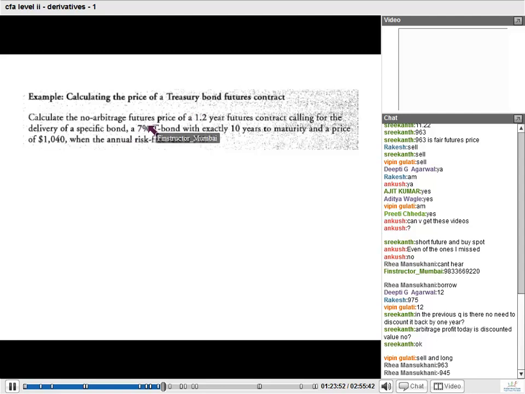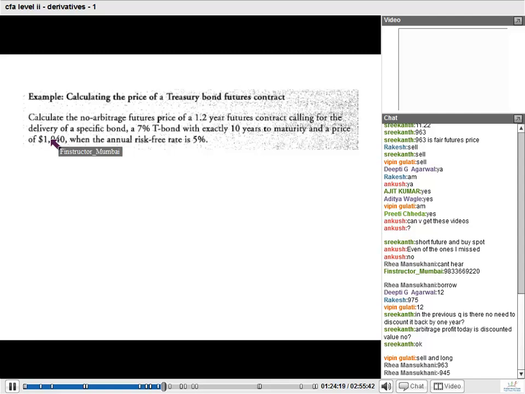Calculate the no arbitrage futures price for a 1.2 year futures contract calling for the delivery of a specific bond, that is a 7% Treasury bond with exactly 10 years to maturity and a price of $1040 when the annual risk-free rate is 5%.